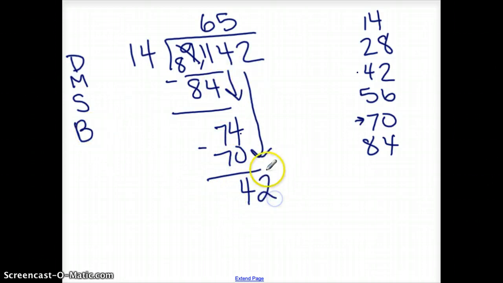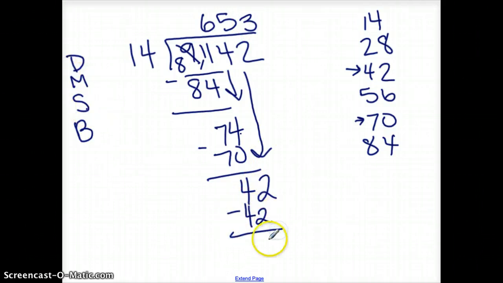Now I have 42 divided by 14. I see 42 right here, so 42 divided by 14 is 3. 14 times 3 is 42. After I multiply, I subtract. And is there anything else for me to bring down? Nope. So my answer is 653.